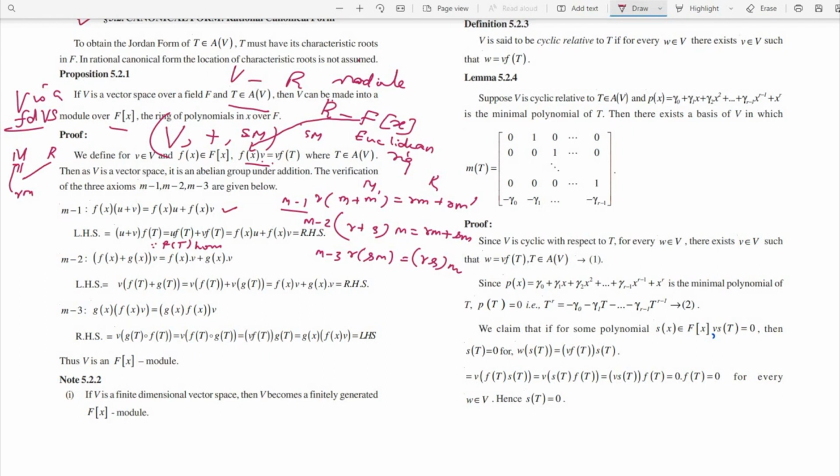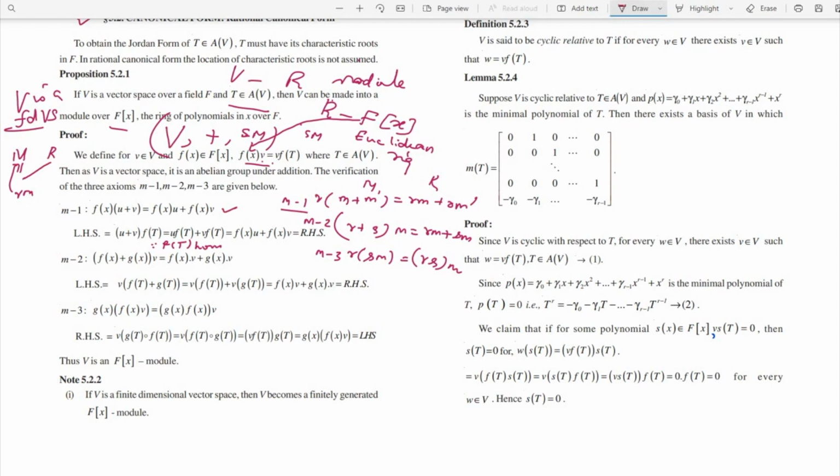Now in m2, similar to this, we have to show that (f(x) plus g(x)) into v is equal to f(x) into v plus g(x) into v. So we consider the left hand side, and that is nothing but the image of v under f(t) plus g(t).